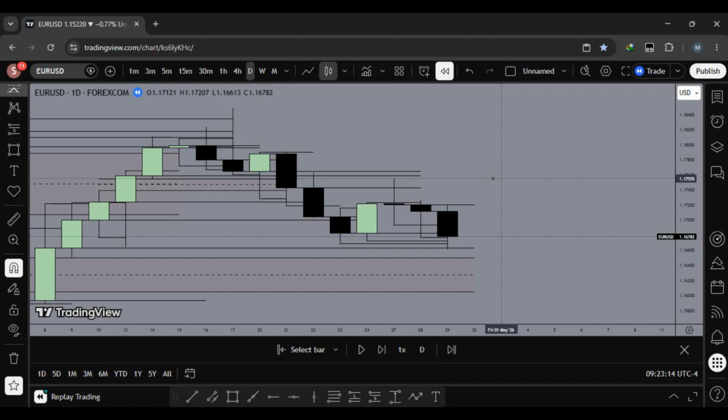Don't conclude that because this is a lower close, market must sell, or because this is a higher close, market must buy. Don't conclude. You use the logic. The market often leaves clues through closing price. You just need to know how to read it.